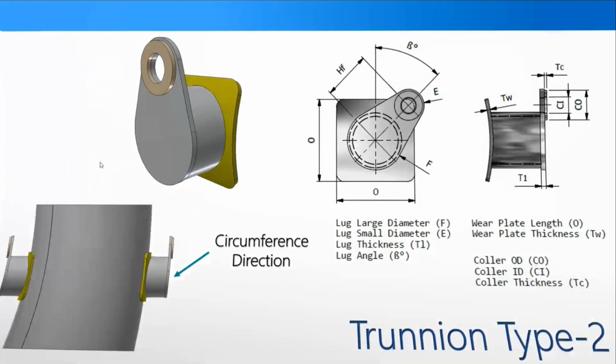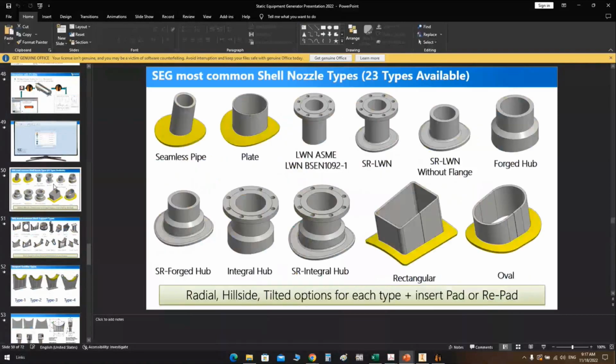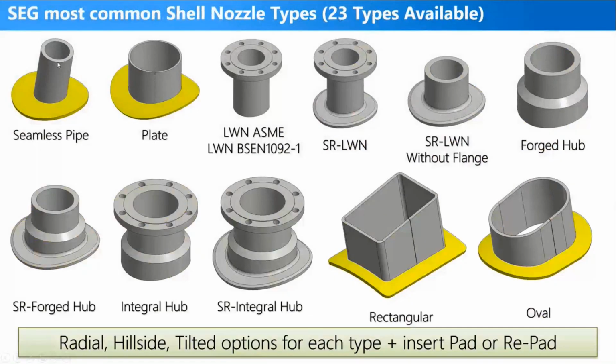For the different types of nozzles, in SEG software you will find many different types, like nozzle from pipe, from blade, long weld neck nozzles according to ASME or European codes, long weld neck with lips, forged hub with lips, integral hub with lips, rectangular opening, and oval opening.